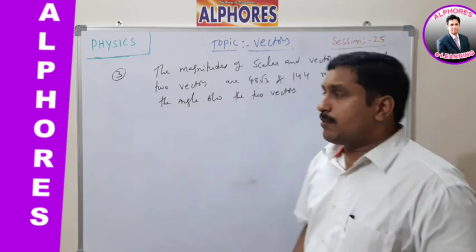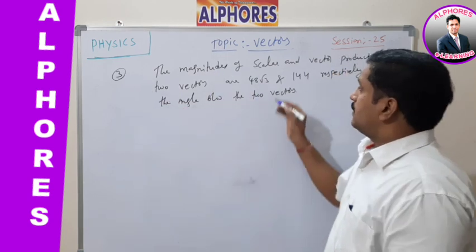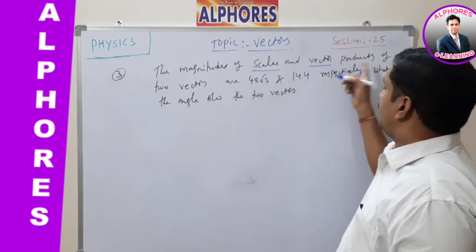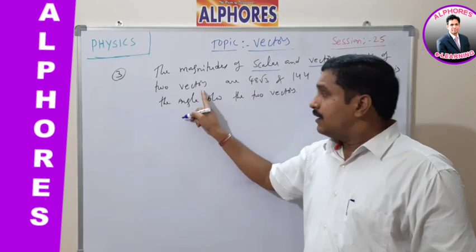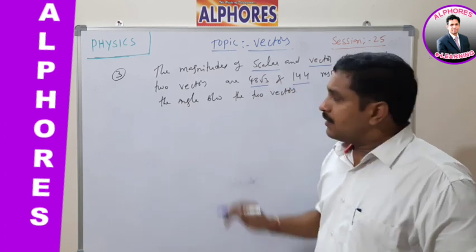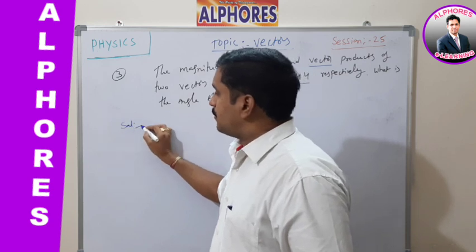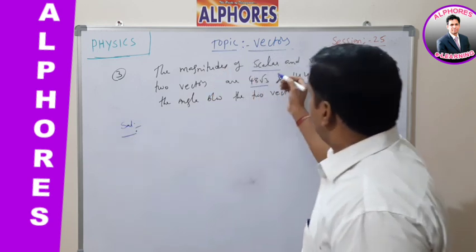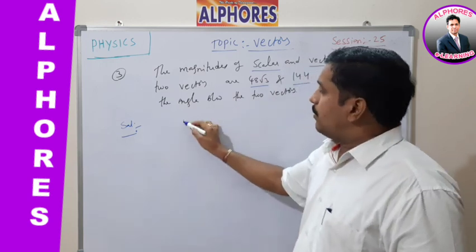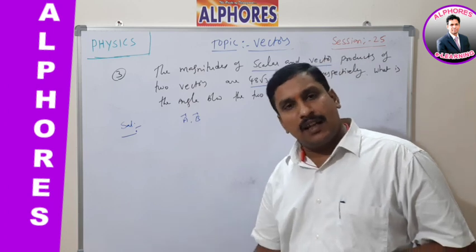Okay, here in this problem what I am giving is the magnitudes of scalar and vector products of two vectors. They are given as 48√3 and 144. That means according to the data, before going to the solution, let us say A bar and B bar are the two vectors which are inclined at angle theta.